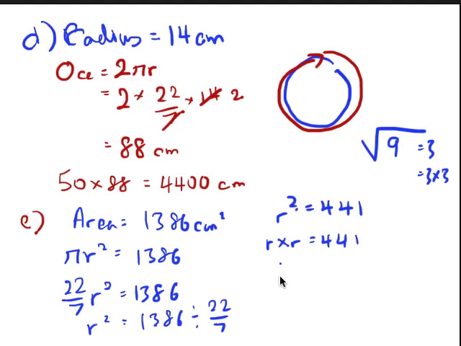So in this case, all we have to do is r equals square root of 441, and the answer is 21 cm. And therefore, that is the radius. So that's basically it for question number 1. We kind of breezed through it today. This is the kind of speed that I want you to be doing it, actually faster for your exams.